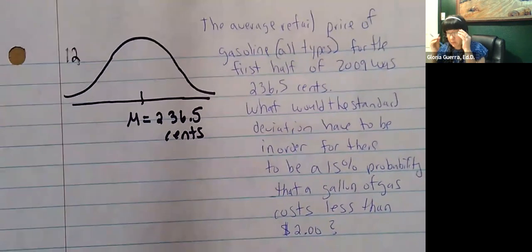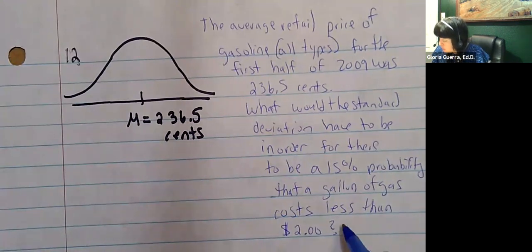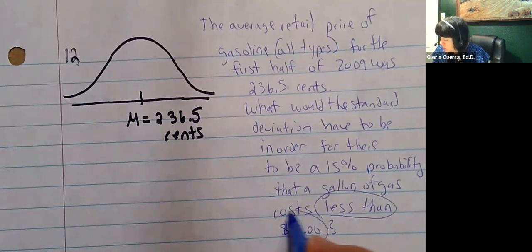Probability is the area underneath the curve. So that's why this keyword is less than $2.